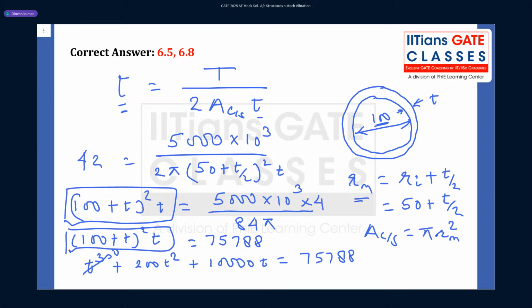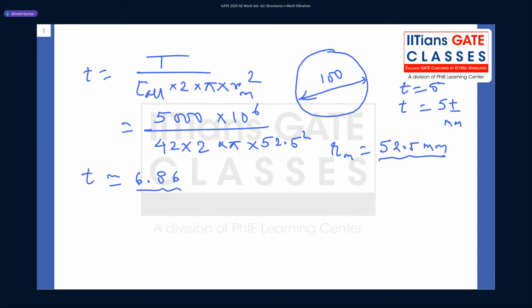If you substitute 6.86, you will be getting a value greater than this. That means the value should be lesser than 6.86. So you can check then. First check for 6.86, then check for 6.8, and then check for 6.7.